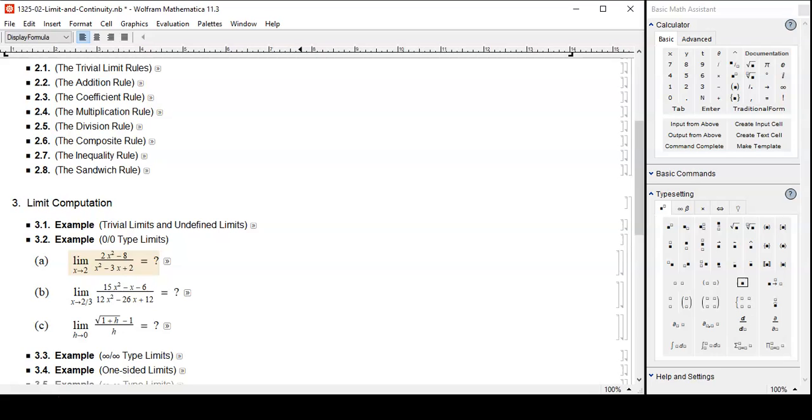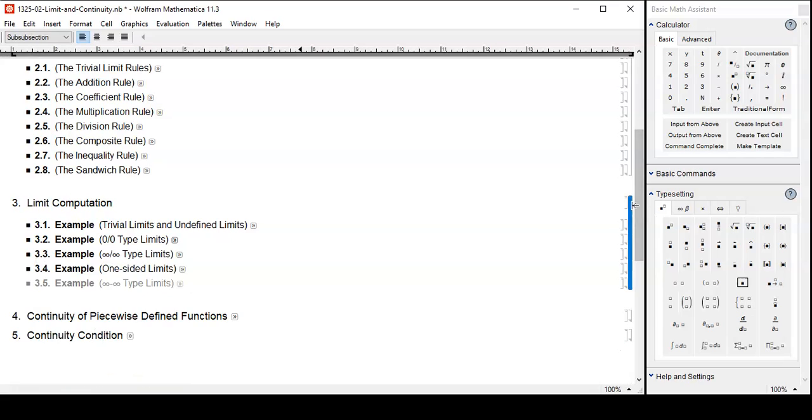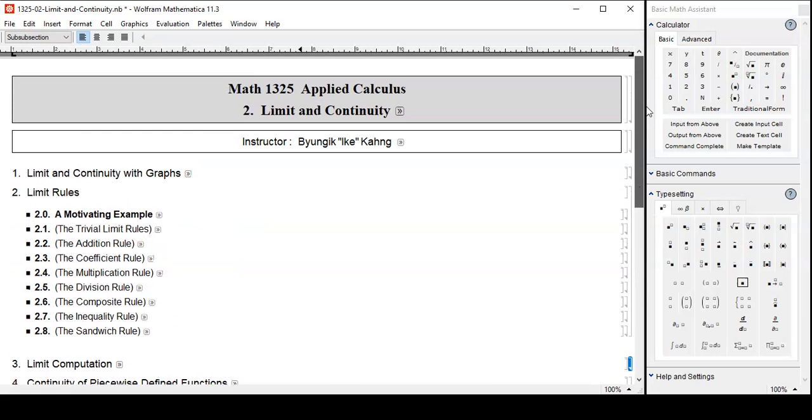So you need to make some manipulation before plugging in. But in any case, plugging in is okay. And that's an important tool. And that's being guaranteed by the limit rules, actually. That is the biggest role of the limit rules. The limit rules allow us to plug in the numbers.